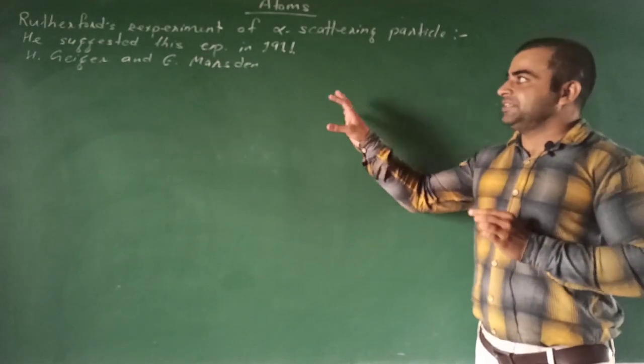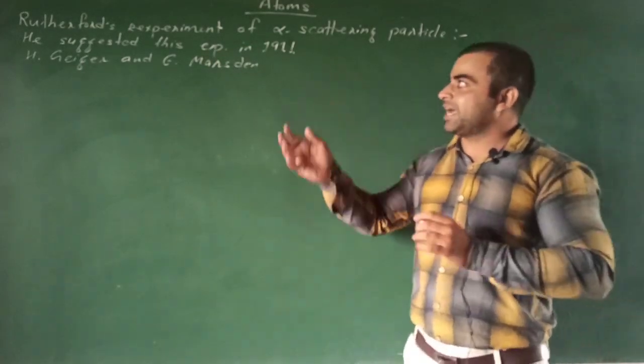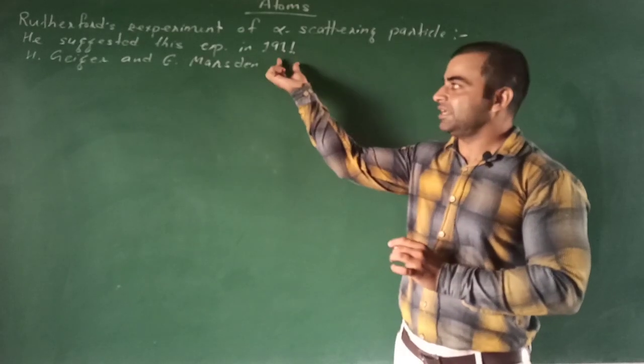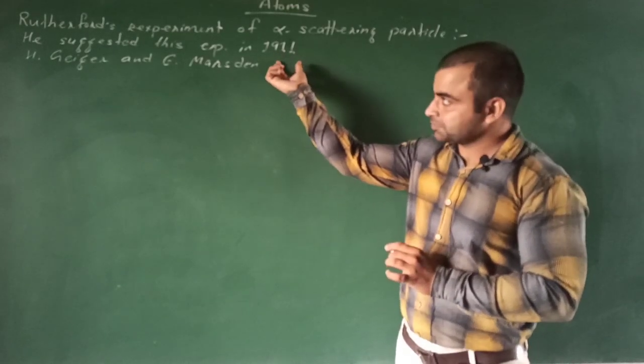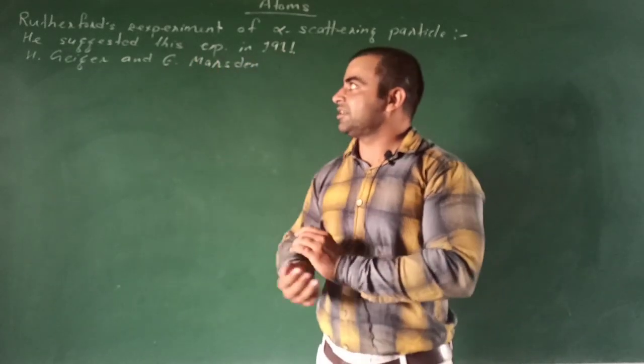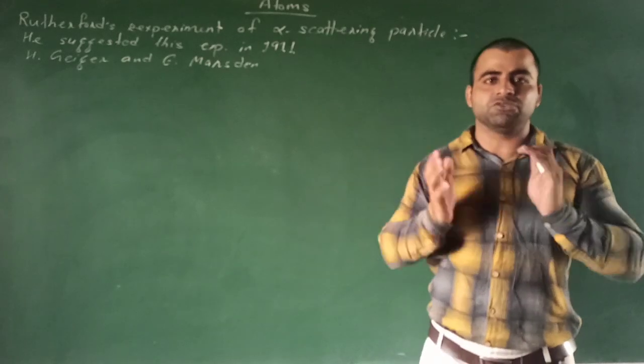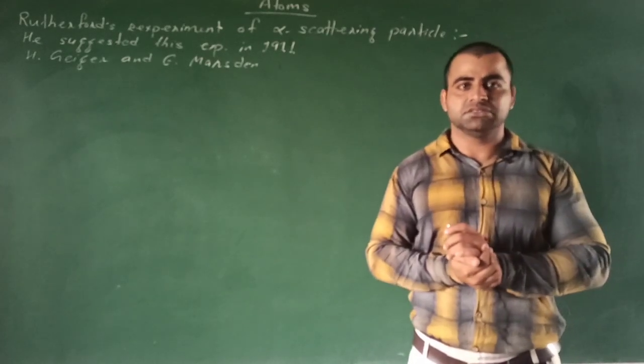H. Geiger and E. Marsden performed the alpha particle scattering experiment in 1911. It was suggested by Rutherford, and they took a source of alpha particles.